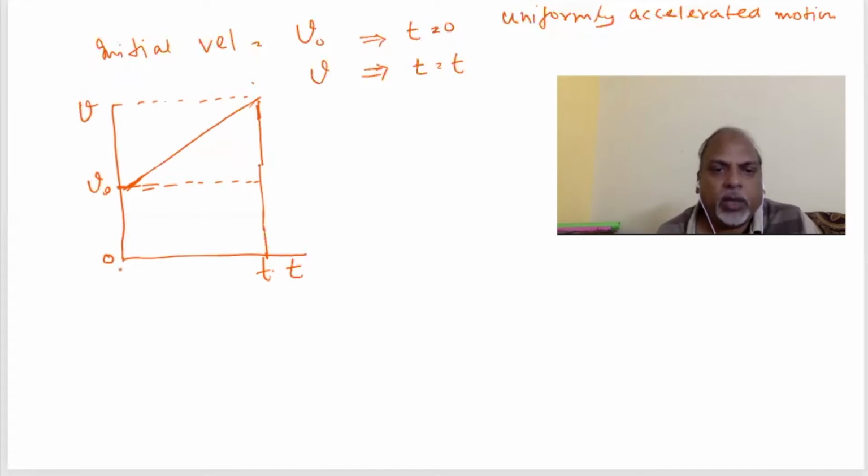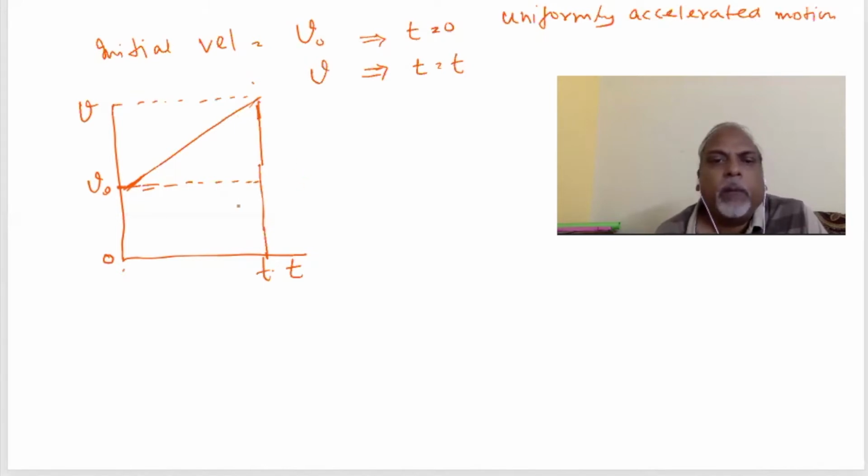At t equal to 0, the body has an initial velocity of v0, and after time t the velocity is v, meaning the velocity has increased from v0 to v.